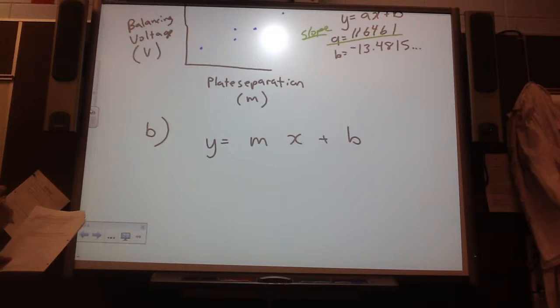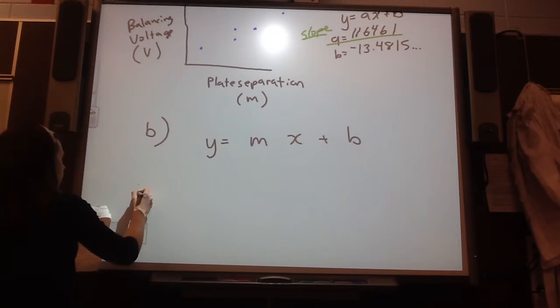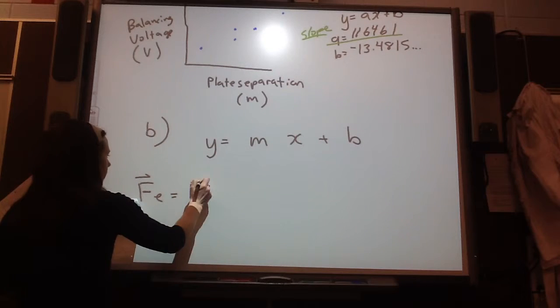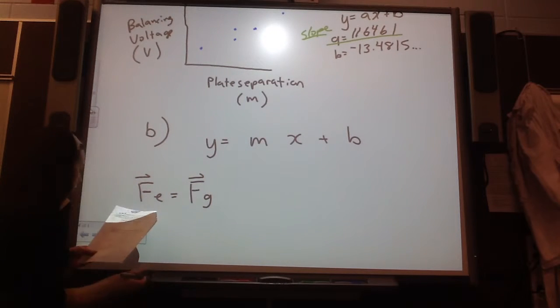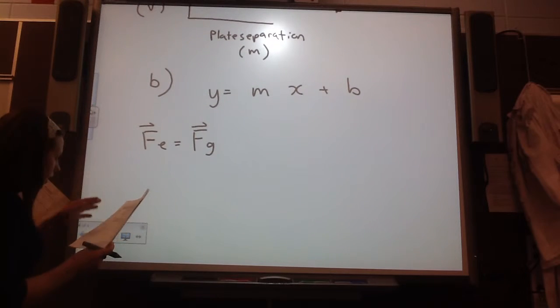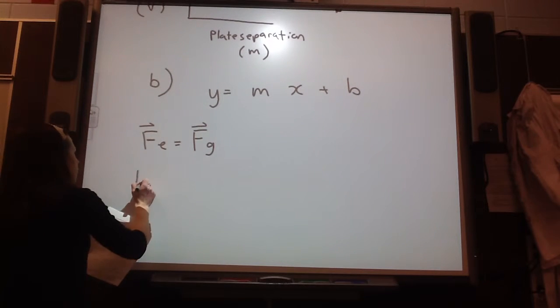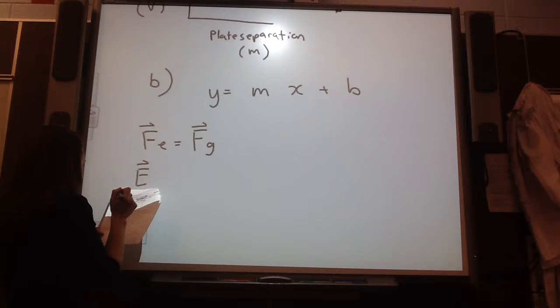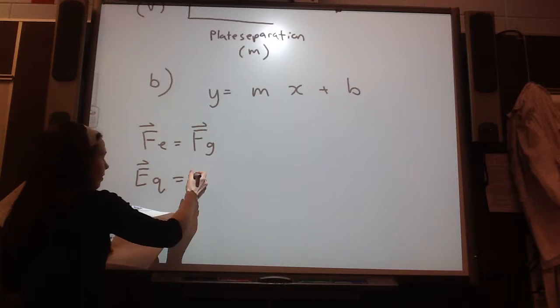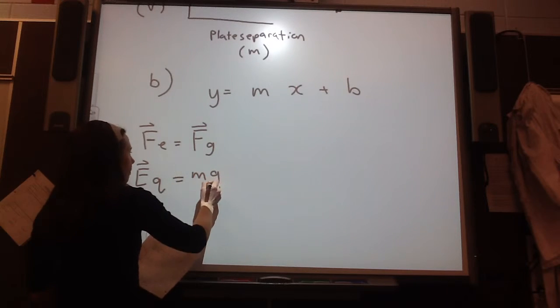So what we're going to do is kind of work backwards. If our electrical force is equal to our gravitational force, we can say that Fe is equal to our electric field strength times Q, and we can say Fg is equal to m times g.